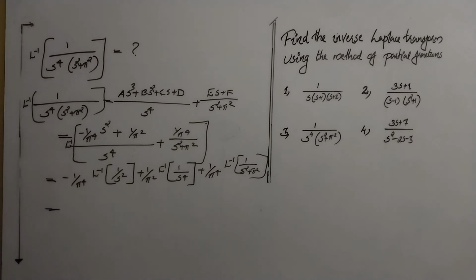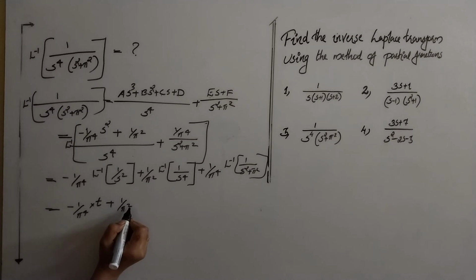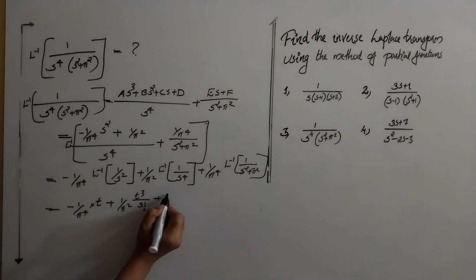Now this becomes what? Minus 1 by pi raised to 4 into L inverse of 1 by s square is minus 1 by pi raised to 4 into t, plus 1 by pi square into L inverse of 1 by s raised to 4 is t cube divided by 3 factorial, plus 1 by pi raised to 4 into L inverse of a divided by s square plus a square form.